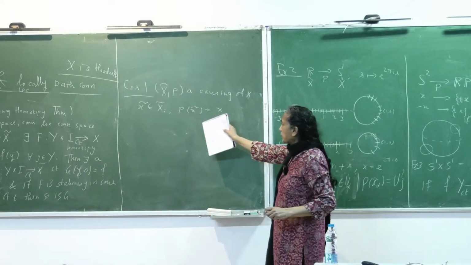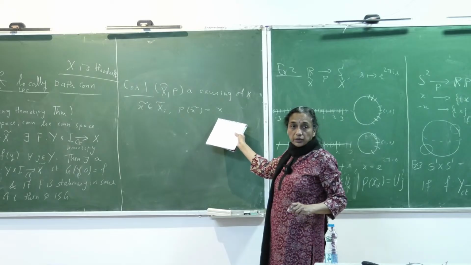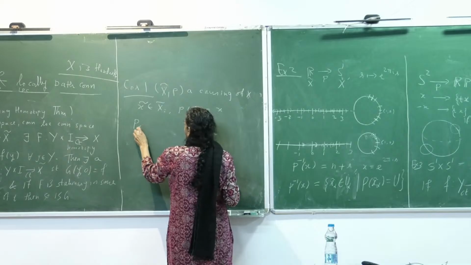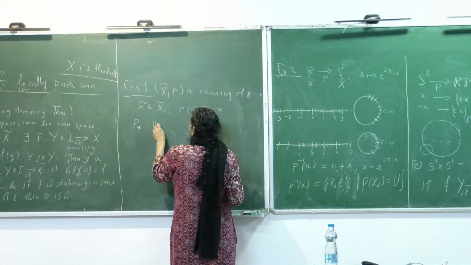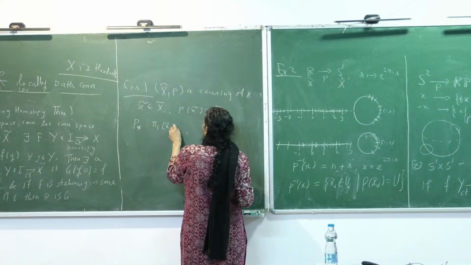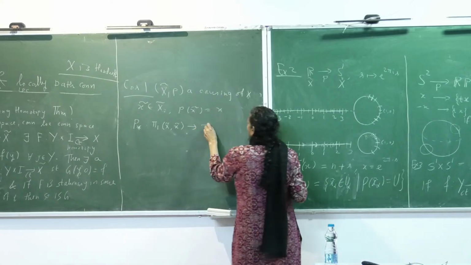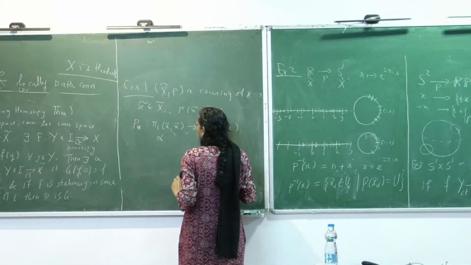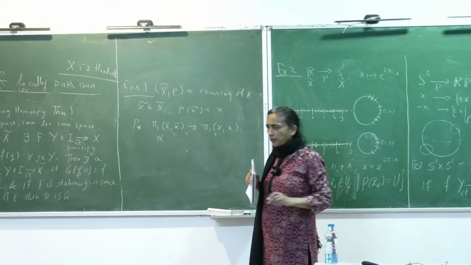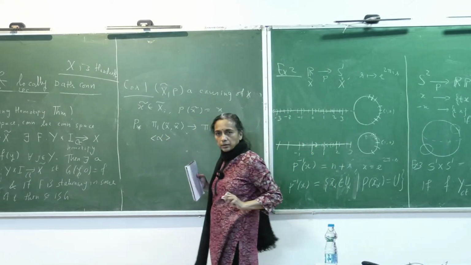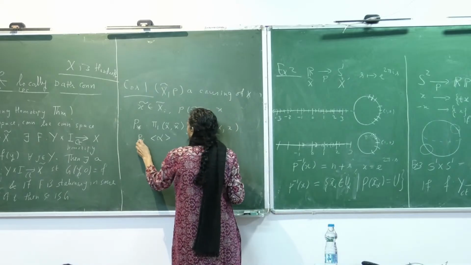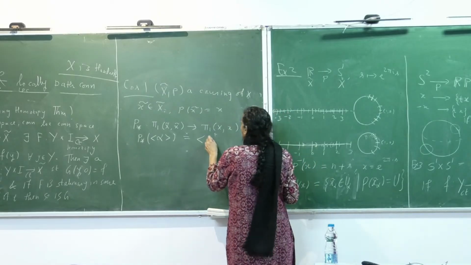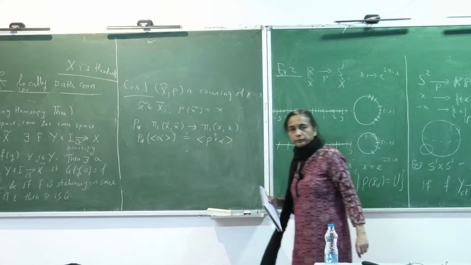So choose one point which is an inverse image of x under P, and then you remember I gave a map P star from pi 1 of X tilde to pi 1 of X, which was that if I take this closed path alpha and its equivalence class, P star of this was the equivalence class of P composite alpha, right?